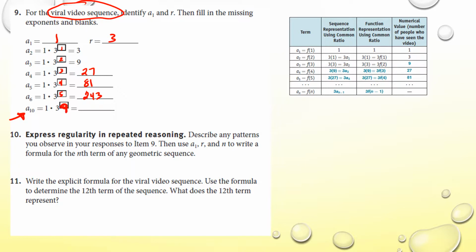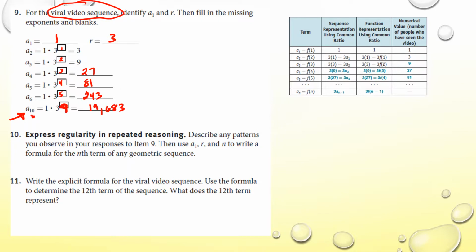So 3 to the 9th power, use your calculator, please do this by yourself. Pause it, because I'm about to say it. Hopefully you got 19,683. So yeah, be careful when we're reading along. I almost just assumed that this was a 7 right here, and it wasn't.